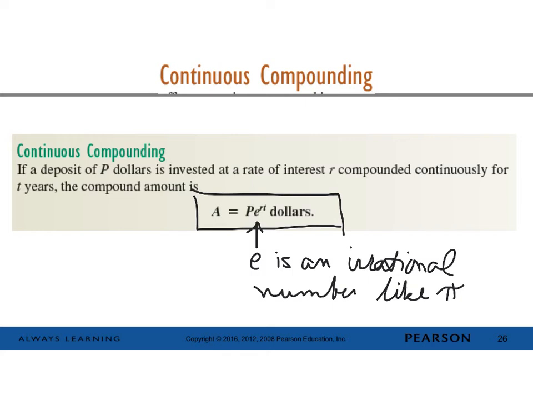The way that you access E on your calculator, should you decide to try the formula, is the second and the LN key. You'll see E raised to the X power, and if you want just E, you would want E to the first power. But you don't really need to use this formula because there is a substitute that we can do with the TVM solver.